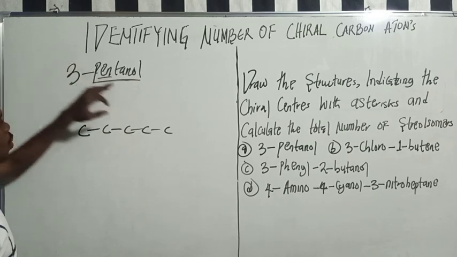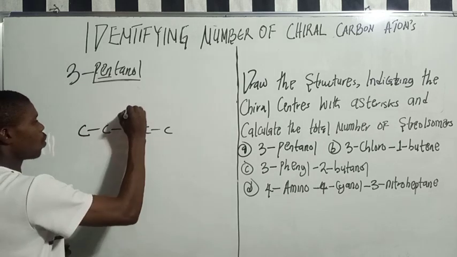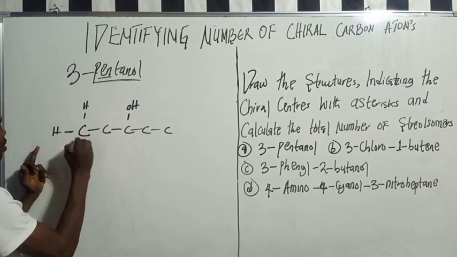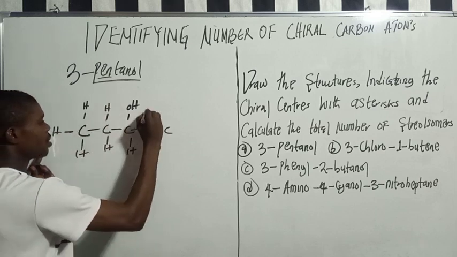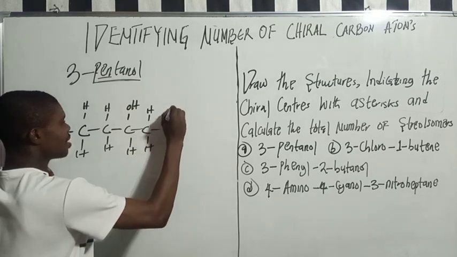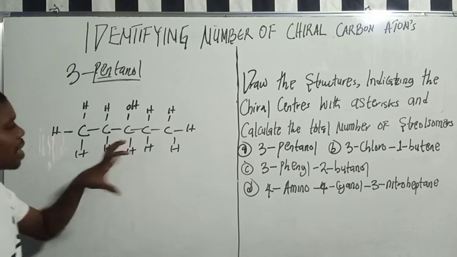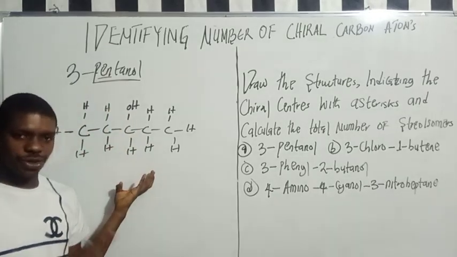The 3 means the OH is on carbon number 3. So here we have 1, 2, 3 with the OH, and that means the remaining positions will have hydrogens. So you need to draw this structure.